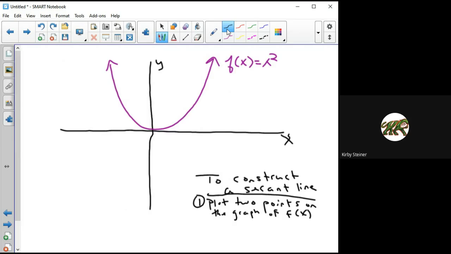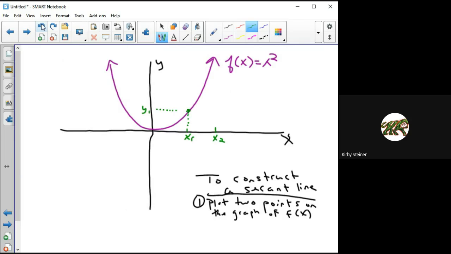Step one, we plot 2 points on the graph of f of x, and let's do that here. Let's say this is x1, and this is x2. If we plot them, this corresponds to y1.